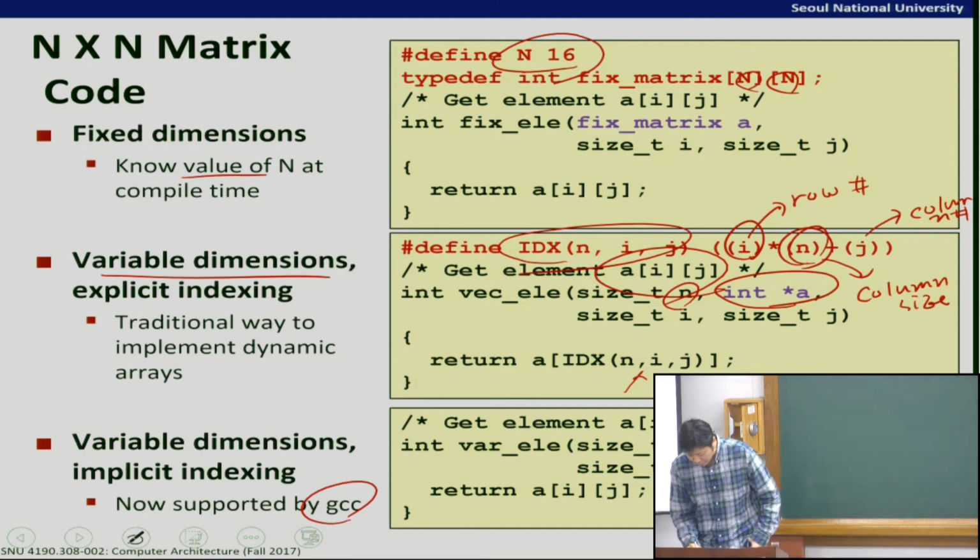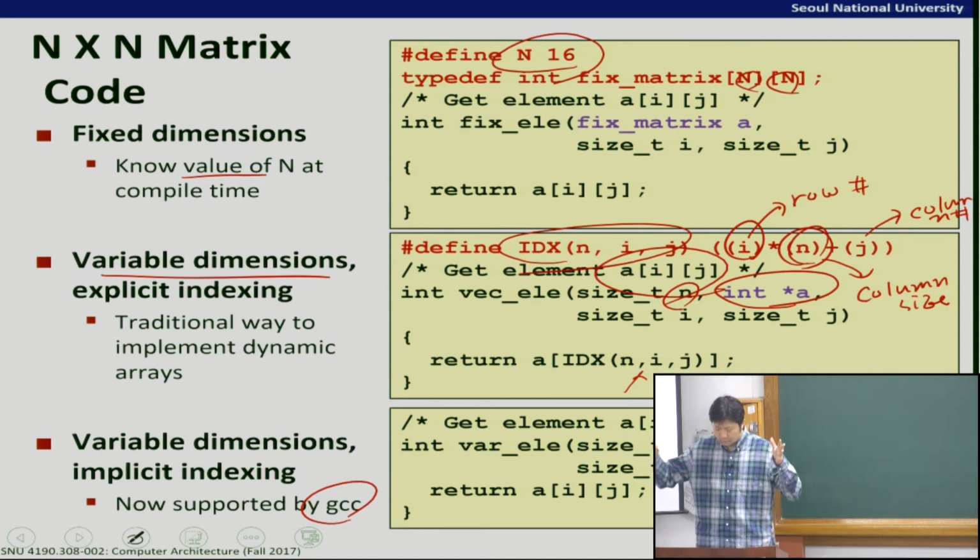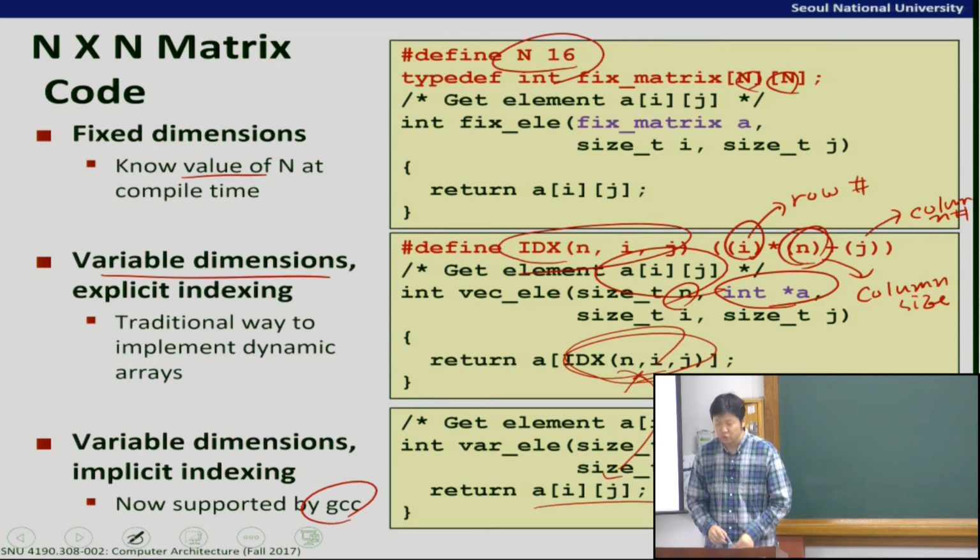So if you declare this int as nn, then the compiler knows this n is the dimension. And then it generates the assembly code by taking this information into account. You don't need to provide this explicit indexing function anymore. This part is handled by the compiler itself, and you can simply use A of I and j.